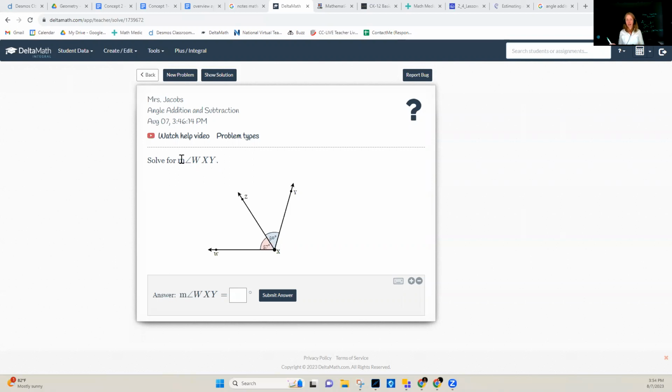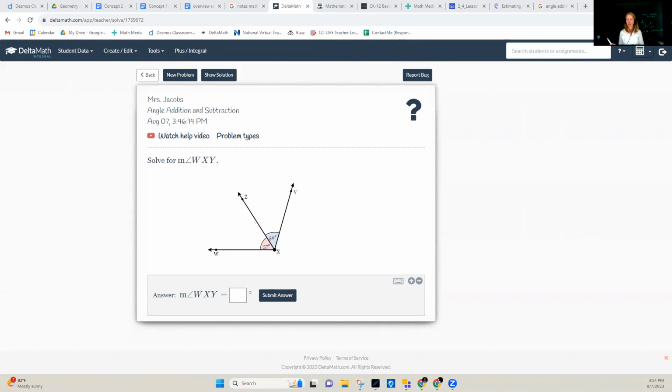Also, I'm going to point out real quick that it has this M here. That means the measure of. So we're solving for the measure of angle WXY. So let's take a look at where WXY is. Well, we have WXY, so that means we're solving for the whole angle.